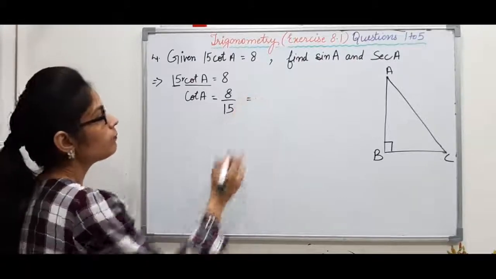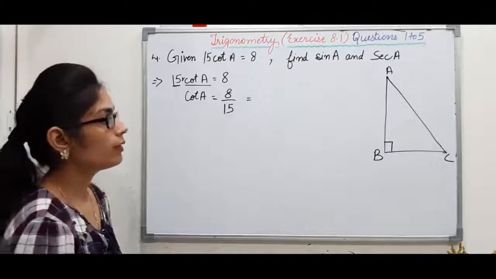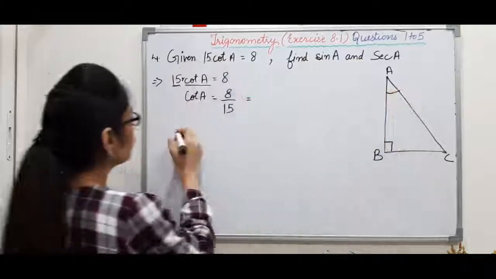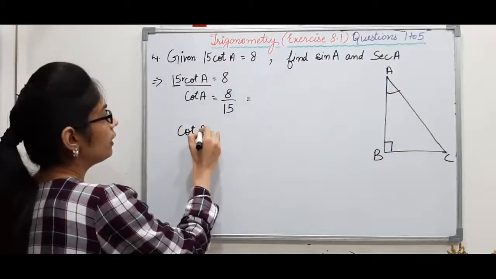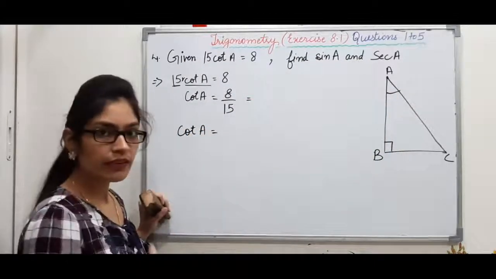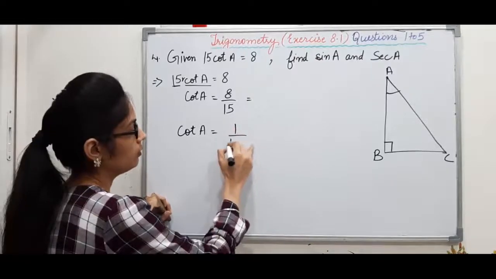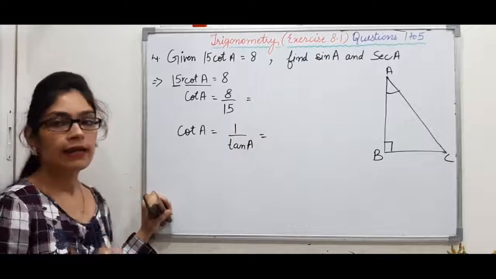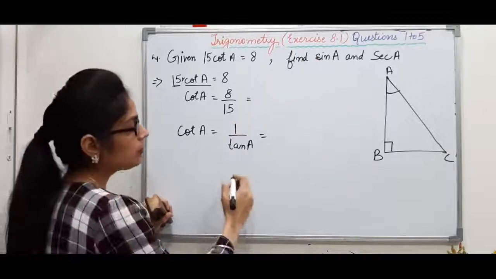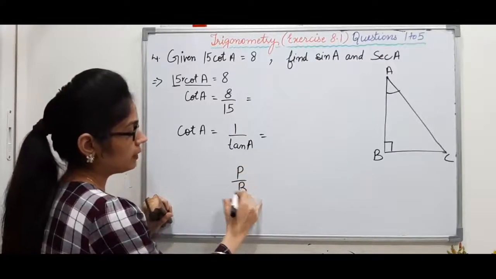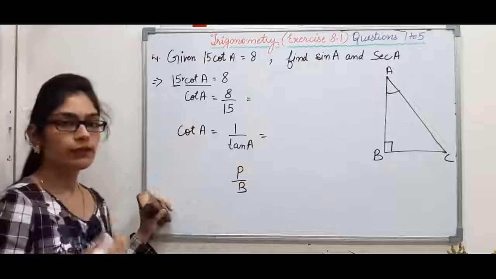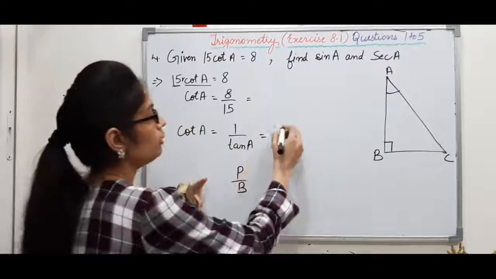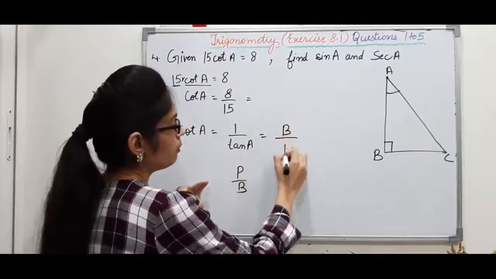So first of all we'll write the value of cot. Cot is a reciprocal of tan theta. So I'll write cot is equals to 1 by tan A, and tan we know it is perpendicular by base. So since cot is a reciprocal of tan, it will be base upon perpendicular.